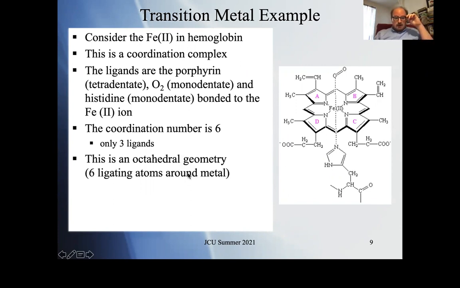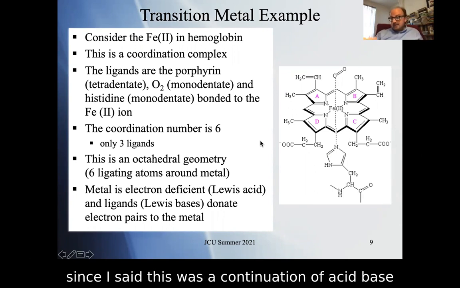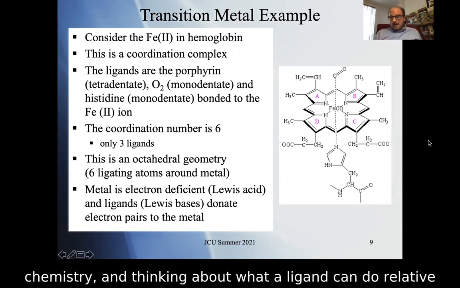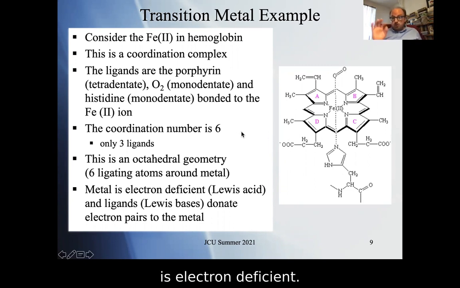Now, in terms of the question that was just asked, since I said this was a continuation of acid-base chemistry, thinking about what a ligand can do relative to the transition metal, we can see that the metal is electron deficient.